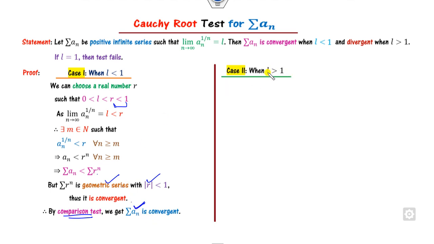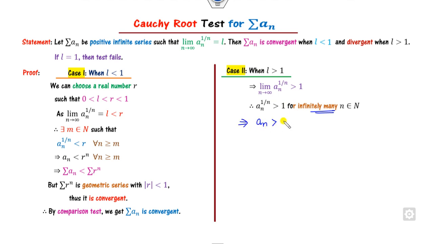On the other hand, when L is greater than 1, it means the nth root of a_n is greater than 1 for infinitely many n. Taking the nth power, a_n is again greater than 1 for these n. When a_n is greater than 1, the limit of a_n is non-zero, which means the series is non-convergent.